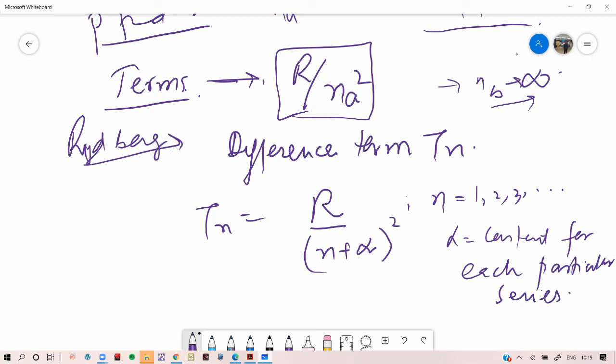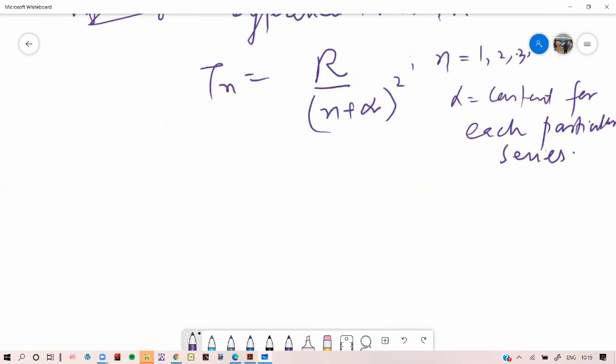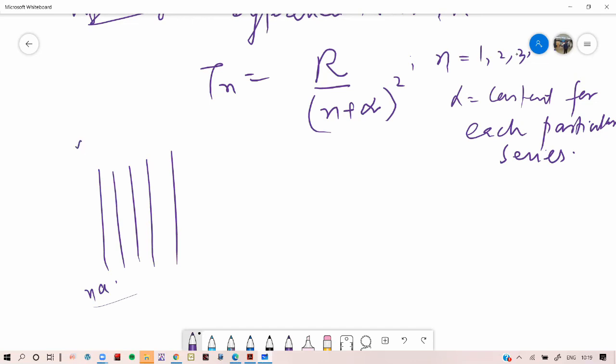They named the series differently by particular constants, and Nb is infinity. So n is 1, 2, 3, which means we have these different lines. We have Na here, and if this is a particular series, in this n there are different lines. Then they added this alpha: n plus 1, n plus 2, and there is a constant for each particular series.